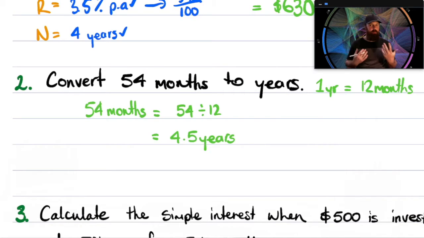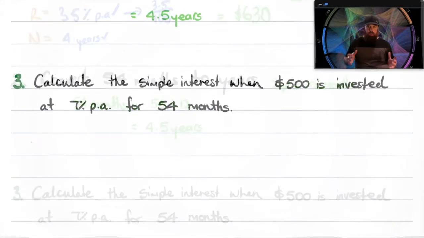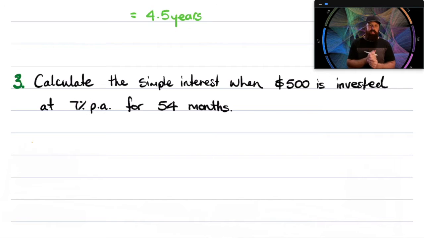All right, so moving on to example 3. Example 3 here says calculate the simple interest when $500 is invested at 7% per annum for 54 months. So again, I would encourage you to go I, P, R, N. Let's identify these and let's go through.